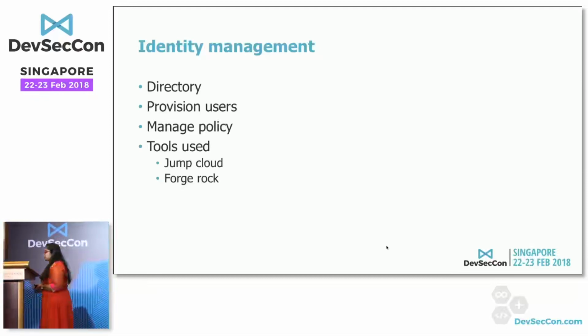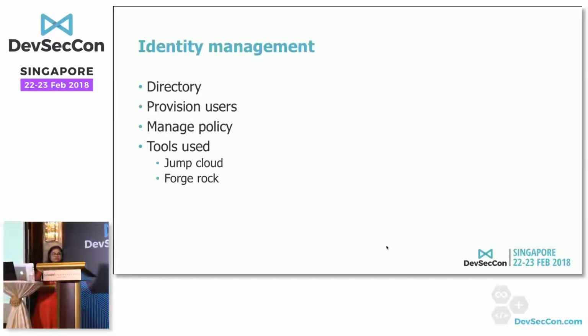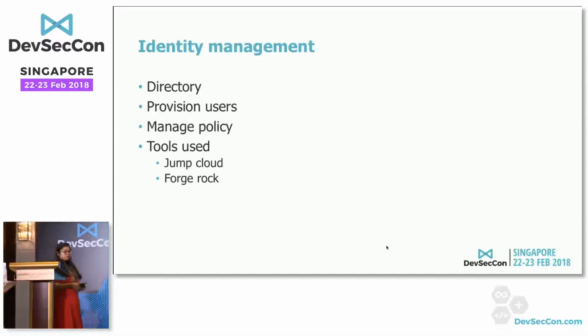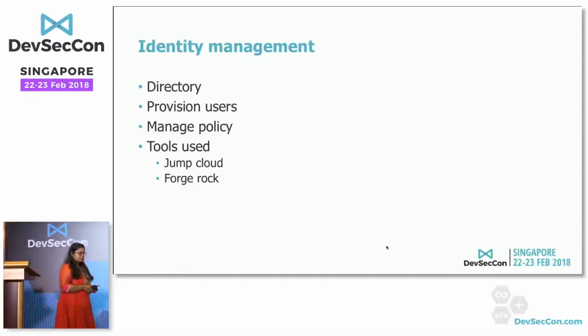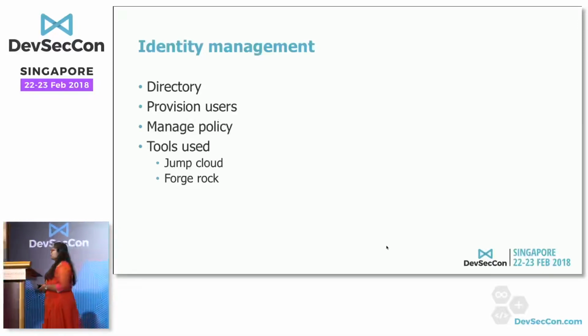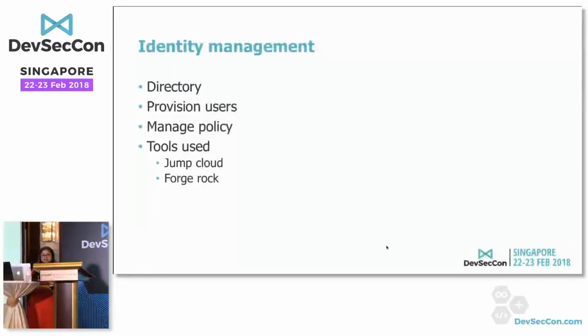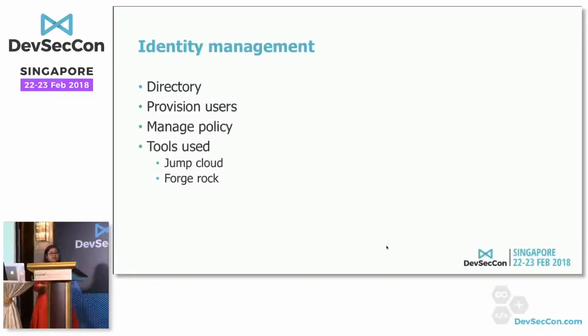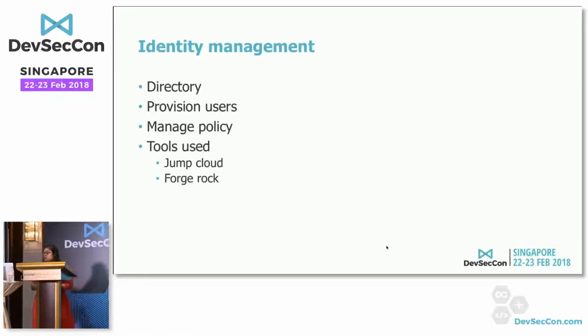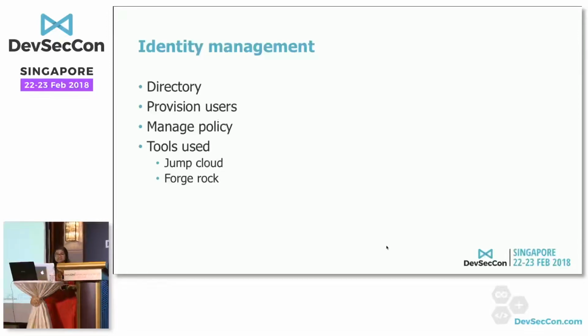So I started, let's start from identity management, because at least we will get to know who is doing what and what kind of authorization we have implemented. For that we started by checking the roles and responsibilities, and based upon that we thought we will put a policy for identity management. The first thing that came to our mind was having a centralized directory.